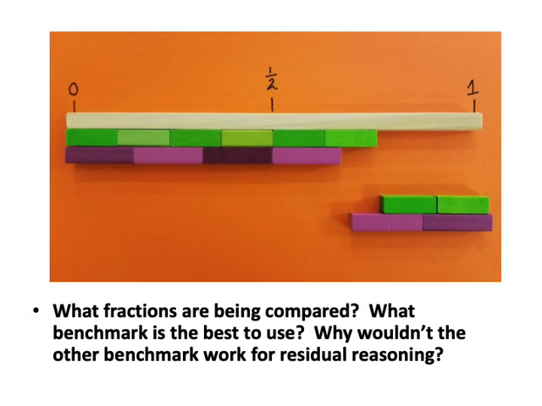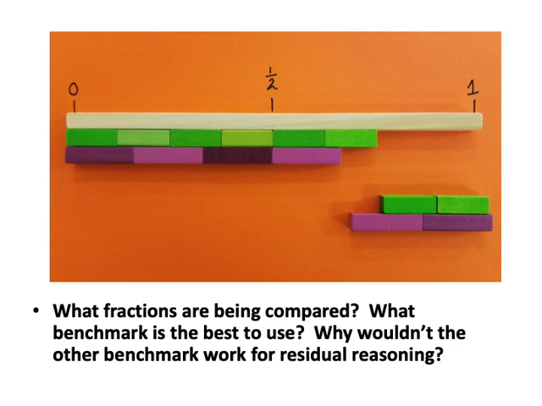So again, look at this model and think about what fractions are being compared, and then which benchmark is best to use and why. This problem is having us compare 6/8 and 4/6. If we use the benchmark of 1/2, we'll be comparing indirectly these residuals of 2/8 versus 1/6, which is not really a fair comparison. 2 of one piece versus 1 of the other.